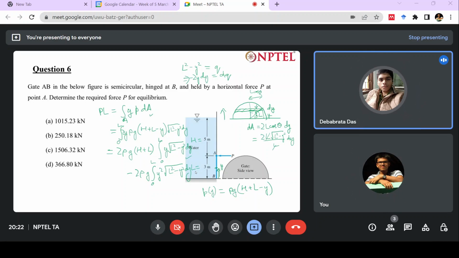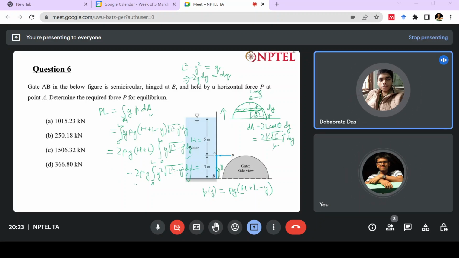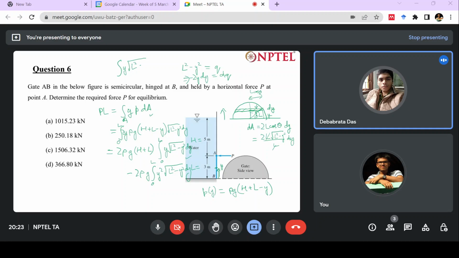Here, I think the better way will be to do it by parts once. If you just do by parts once, then you will get this. Anyway, you are already doing this integral.